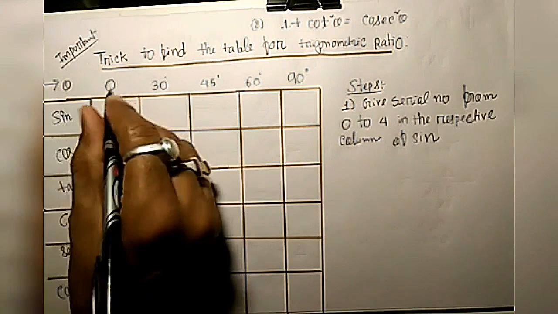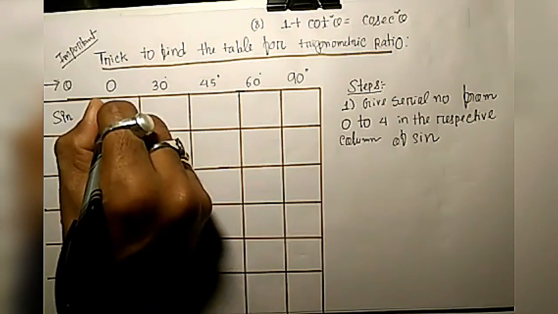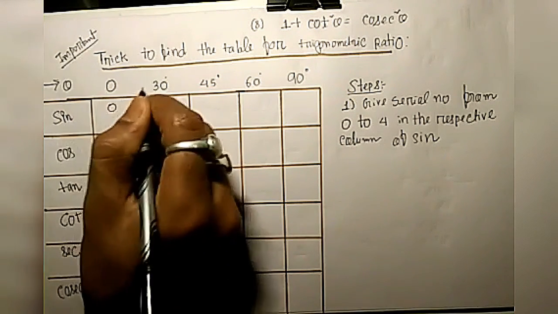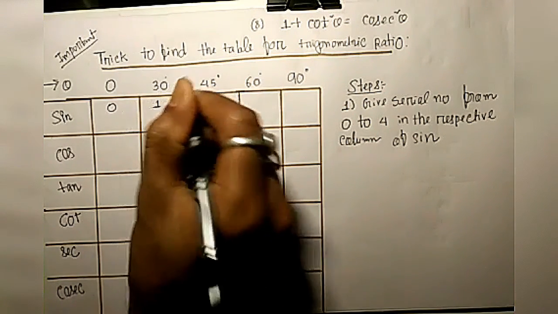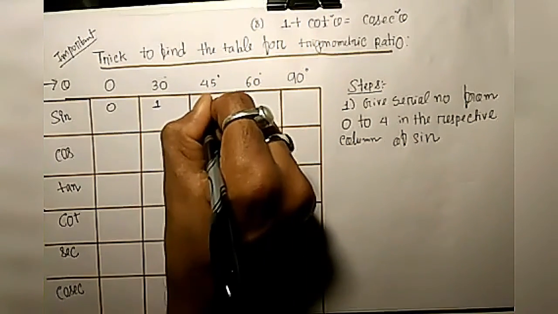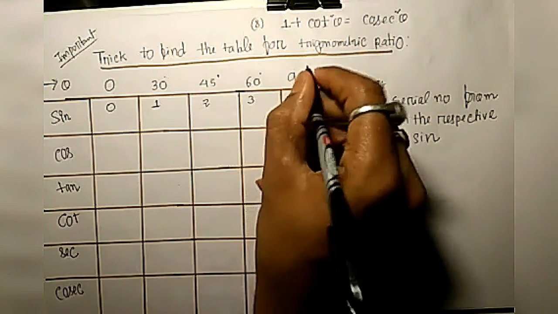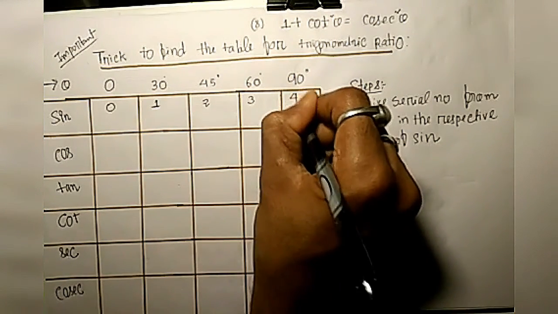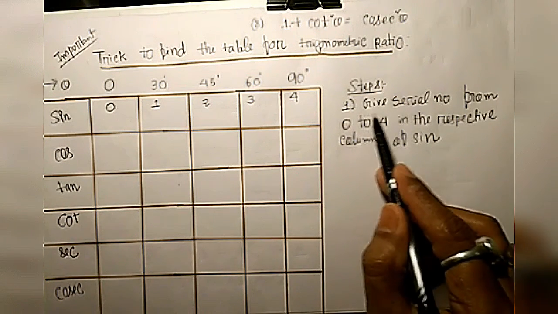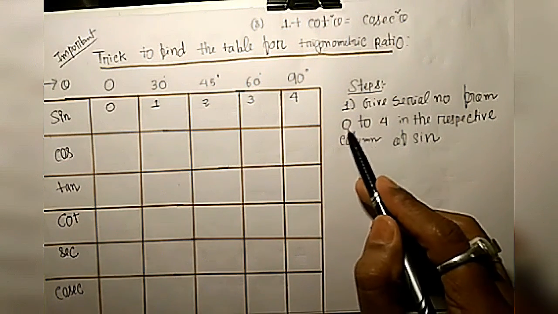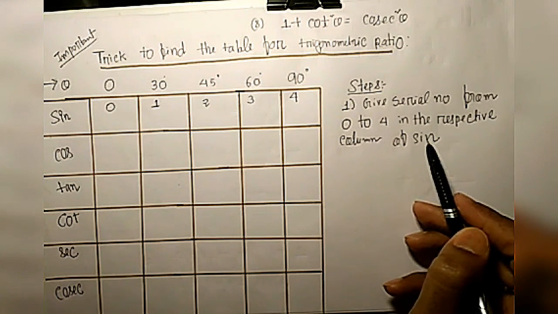So in sine, we should give the serial number starting from 0 to 4. Start with 0, next 1, next 2, 3 and 4. That means give the serial number from 0 to 4 in the respective column of sine. This is step number 1.